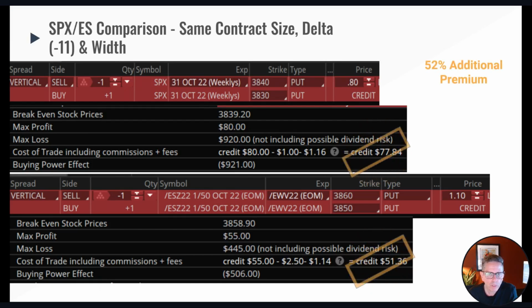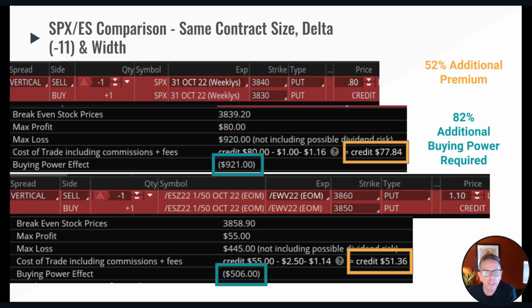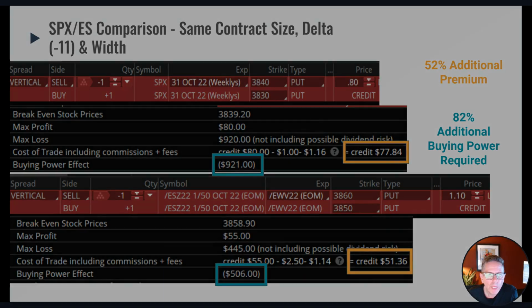So you have a 52% additional premium for the credit on the SPX side, and 82% additional buying power required. Okay, so you can see here it's $921 and $506. But you're only getting half of the credit, or a little less than 55 cents instead of 80. Okay, all right, so that's how that works.